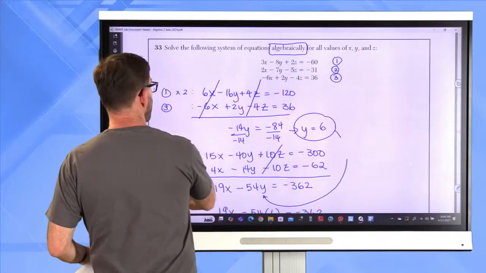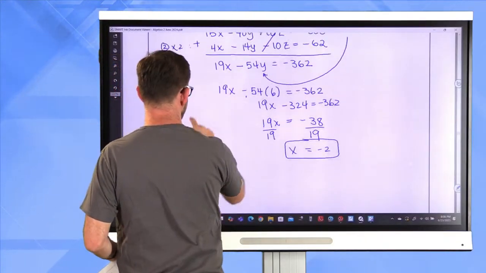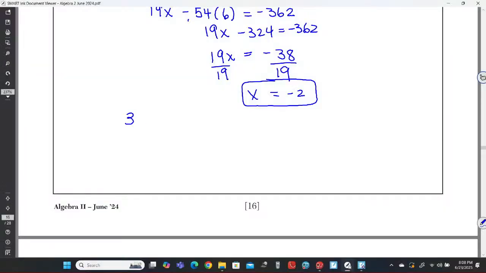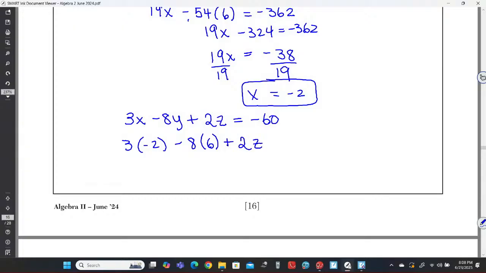So now I'm going to take that first equation, right, which is 3x minus 8y plus 2z is equal to negative 60. And I'm going to substitute in x equals negative 2, y is 6, all I have left is z, right?